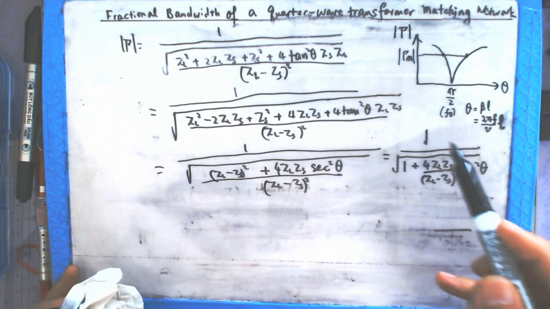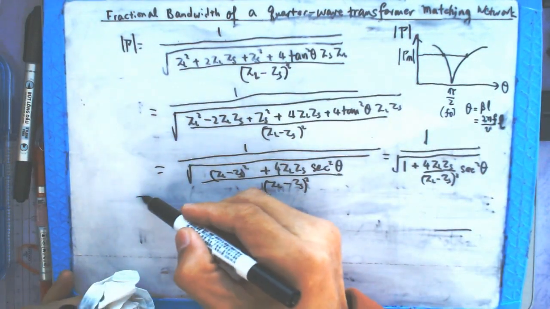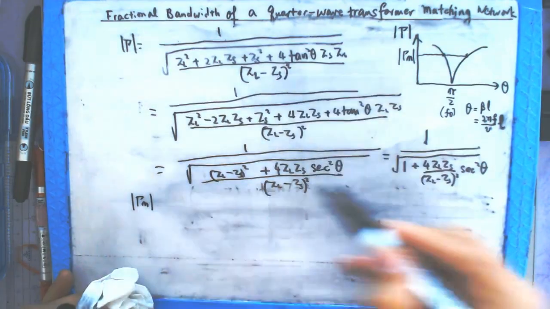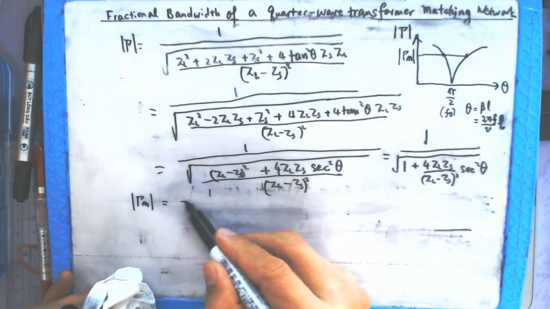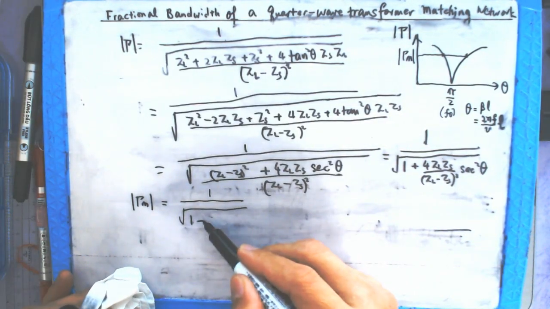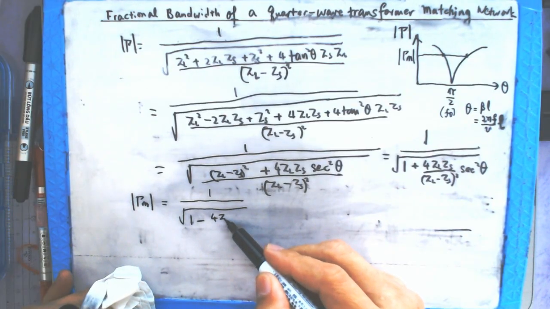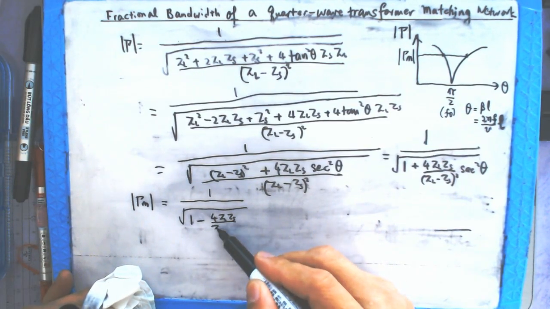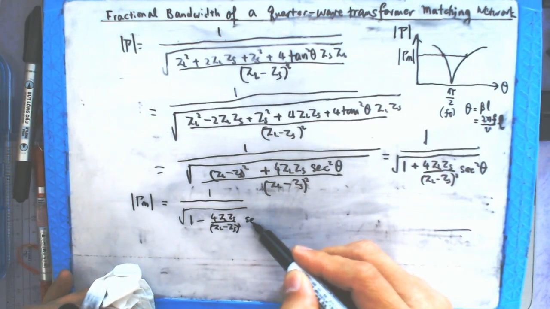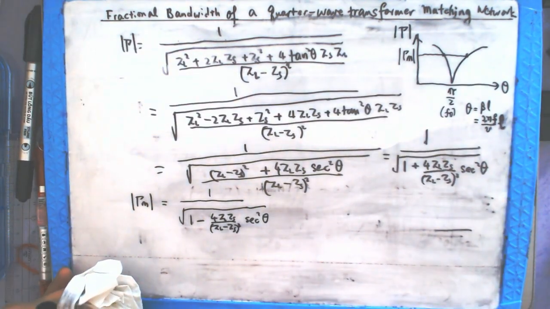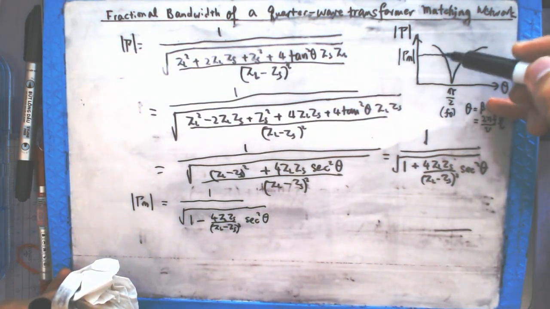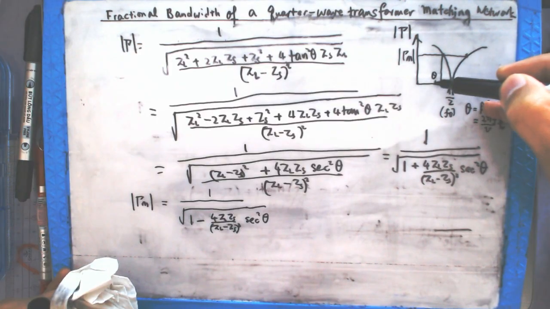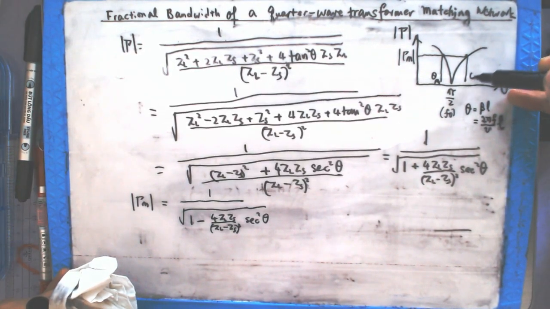And if you do this, you will be able to solve this equation for, and then secant square. And this equation will give you two values. One is beta m1 and the other is beta m2.